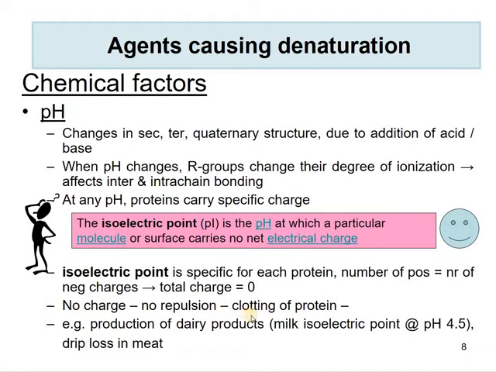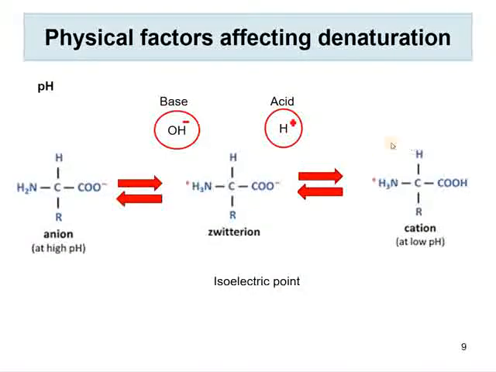So the protein clots on its own, and this is a phenomenon that we use in producing yogurt, because milk has a specific isoelectric point at 4.5. When you add your base or acid to the protein, you change the tertiary and quaternary structure, because there's ionization of the protein or the amino acid.